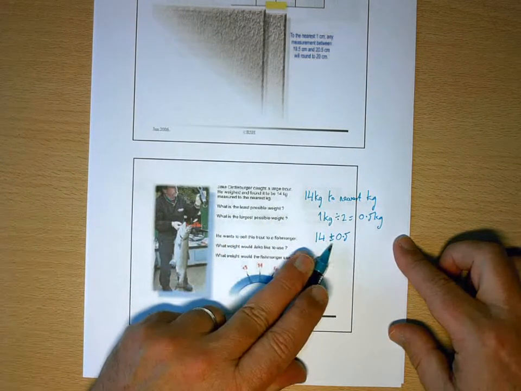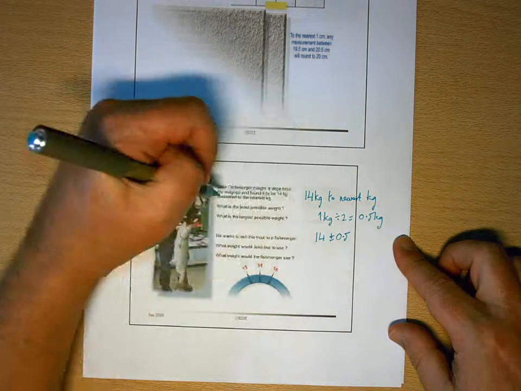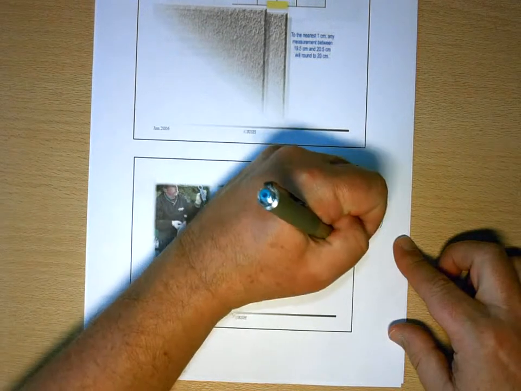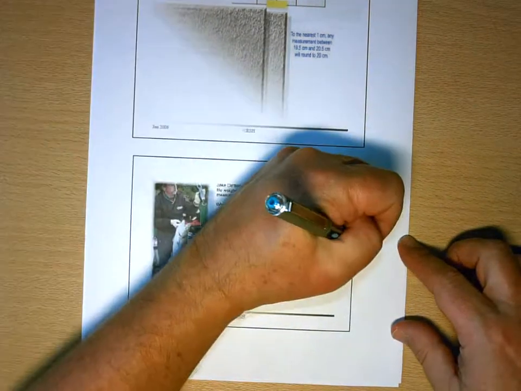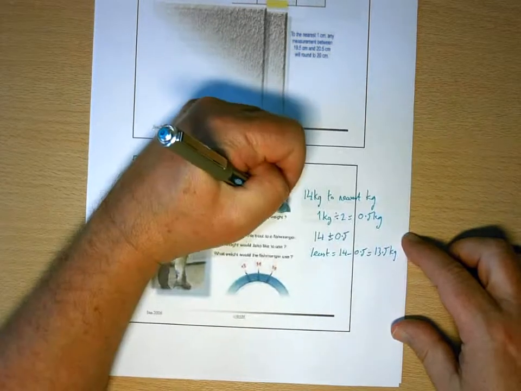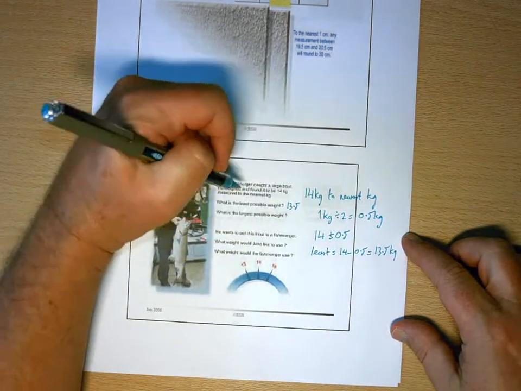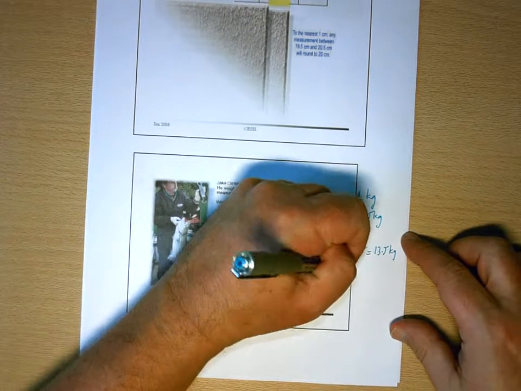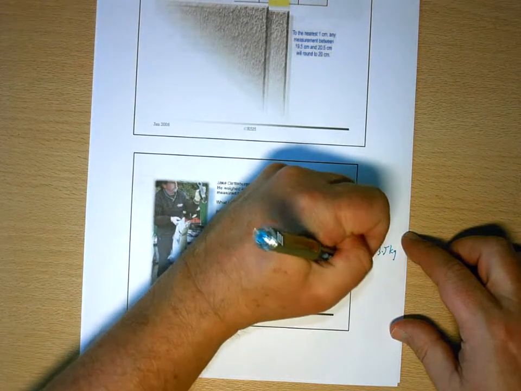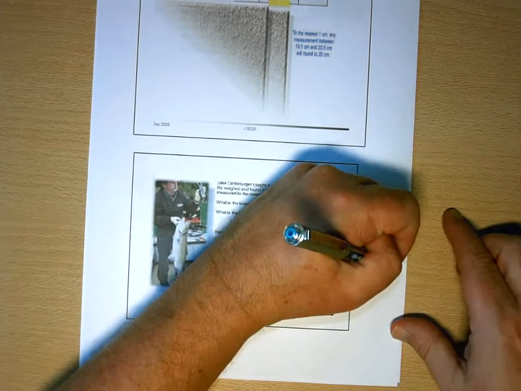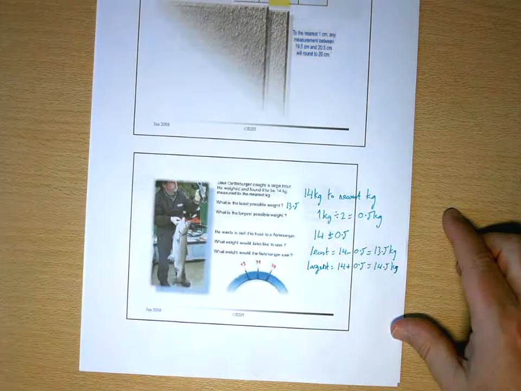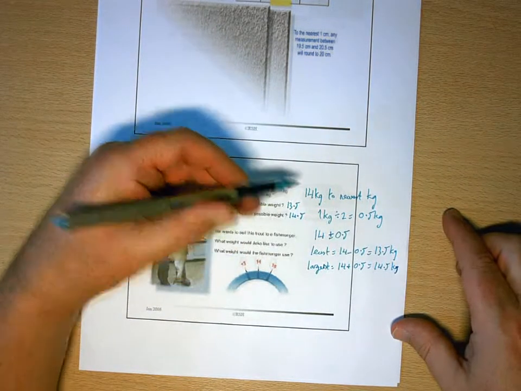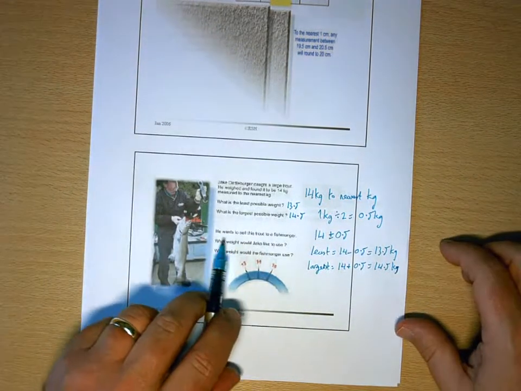So the least possible weight would be 14 minus 0.5, which is 13.5. And the largest will be the upper bound, which is 14 plus 0.5, which is 14.5 kilograms. So anything between there rounds to 14.